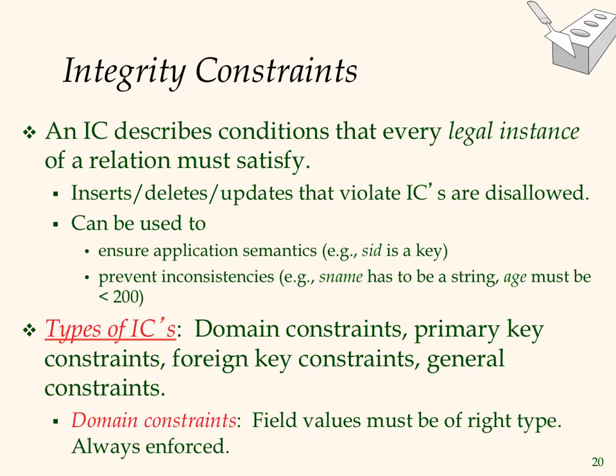So we want to catch data entry errors, and we want to make sure that the data we record are faithful to the intended application domain. Sometimes they're annoying. For example, on US websites, they sometimes enforce the constraint that a zip code has to be purely numeric.